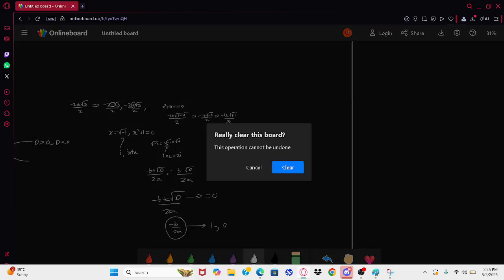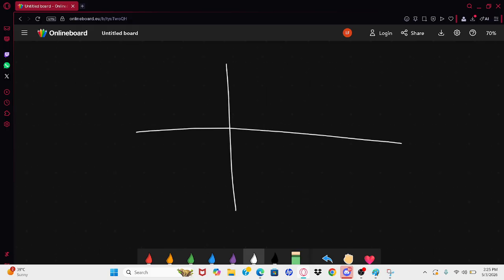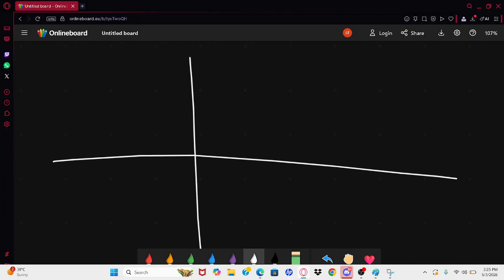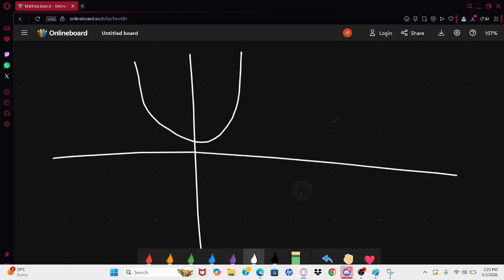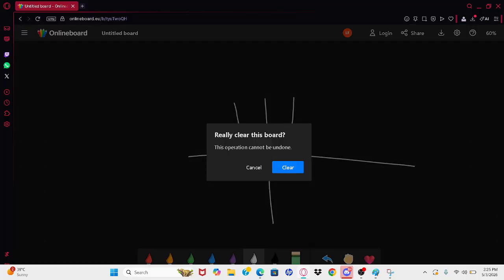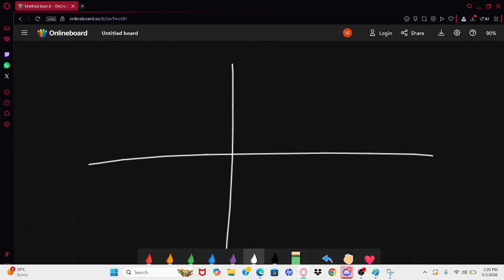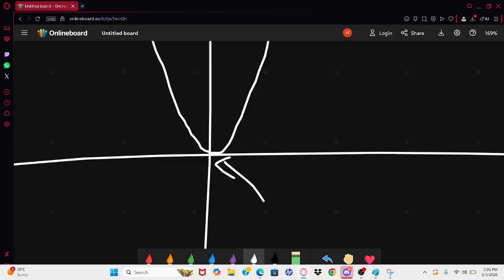Now, a quadratic can be graphed, and the shape of a quadratic graph is a parabola. A parabola is basically a U shape, something like this. Let me draw it a little bit better. So, when it touches the x-axis at one point, you can see this is one root. One root means where y equals 0, right?